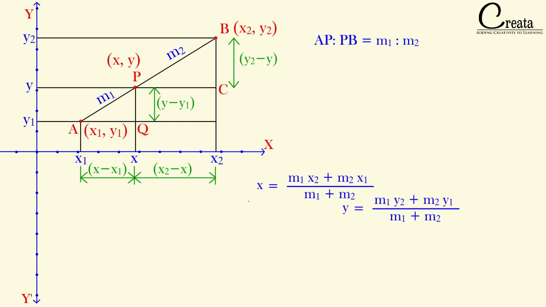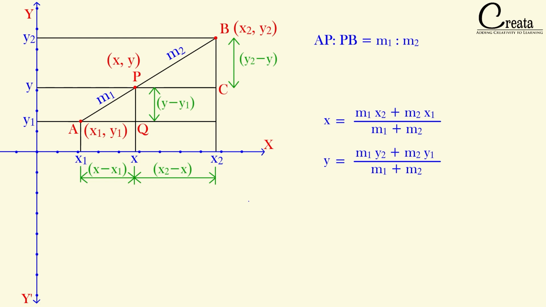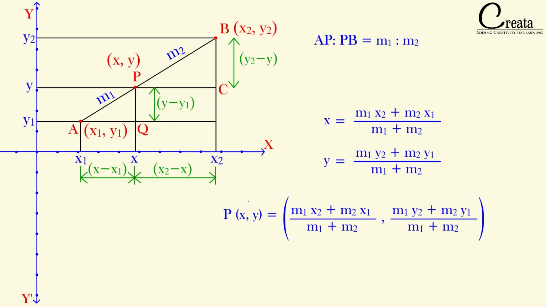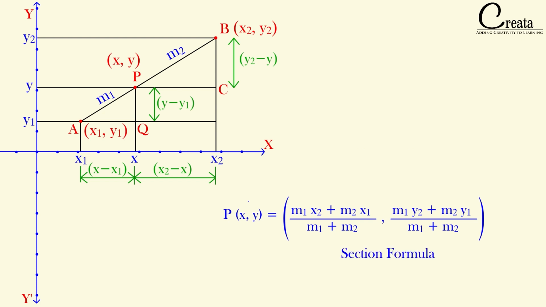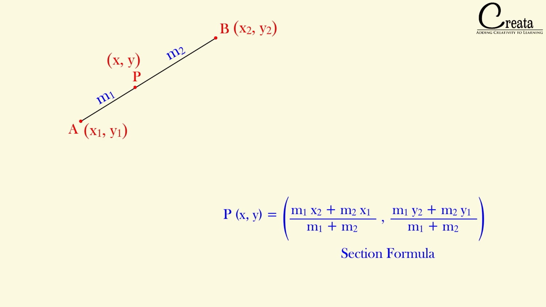We got the values of x and y, that is, the coordinates of the point P. The coordinates of the point P are (x, y). This is the section formula: the coordinates of the point P dividing the line segment AB in the ratio m1 is to m2, where the coordinates of point A are (x1, y1) and the coordinates of B are (x2, y2).